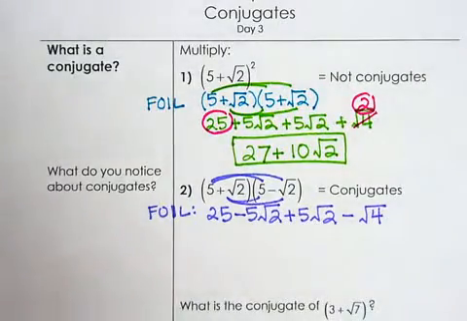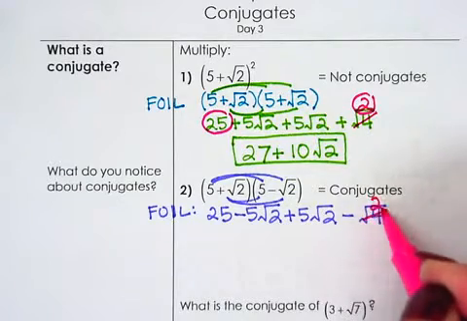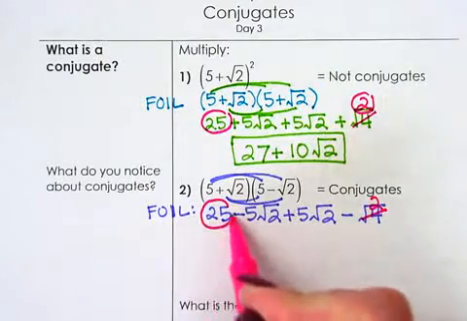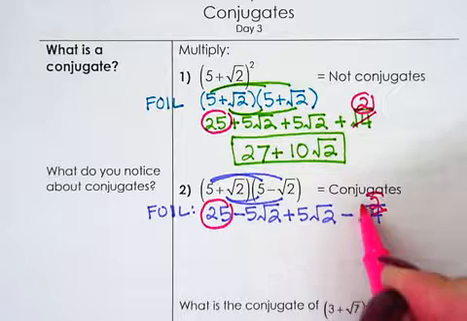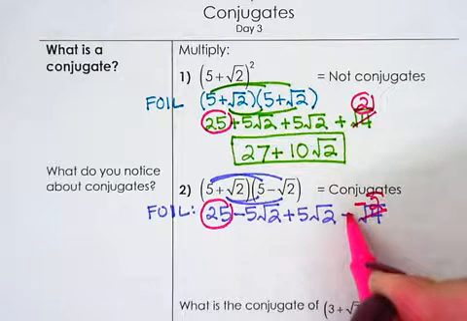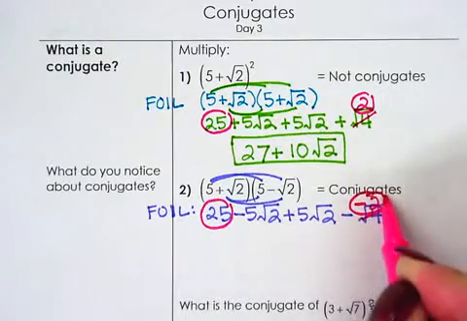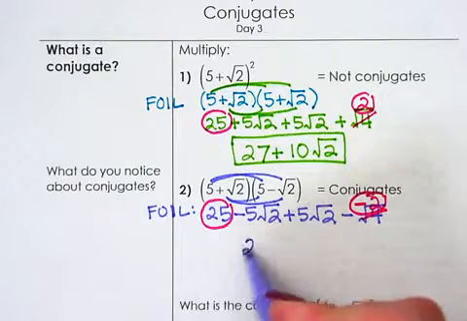Again, I notice that the radical 4 simplifies to just a 2. And I see that I have a 25 here, and then 2. But this time it's negative 2, because of this minus right here. So I'm going to subtract those, and I get 23.